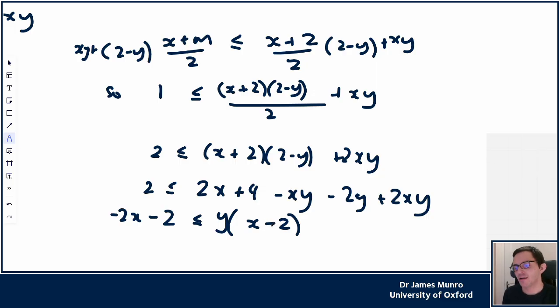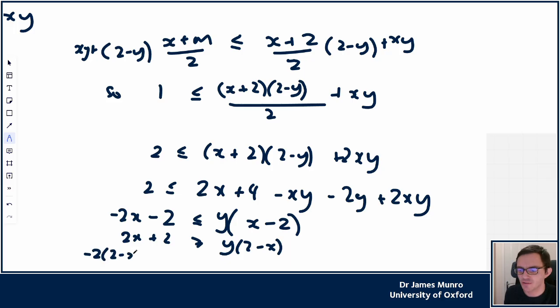So if I multiply both sides by minus 1 and flip the inequality, I'll get 2x plus 2 is bigger than or equal to y times (2 minus x). And now I'm feeling a bit better about this. I want to prepare the left hand side before I divide through by 2 minus x. I want to try and write it as something like minus 2 times (2 minus x) plus 6, because I want to get that 2 minus x on the left hand side as well.